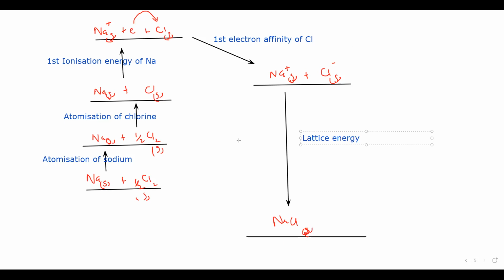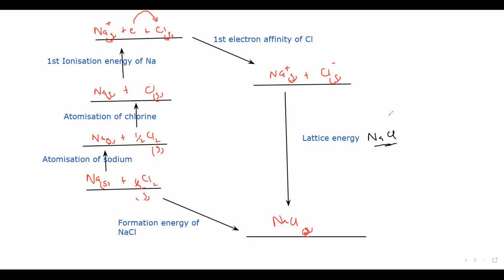So that is the lattice energy of NaCl. And when elements form a compound, that's called formation. So that is the formation energy of NaCl, and this was the lattice energy of NaCl. So this is the complete diagram.